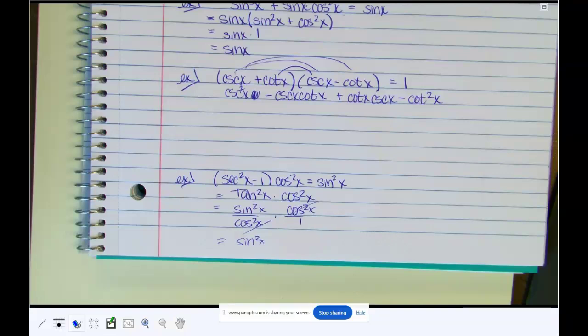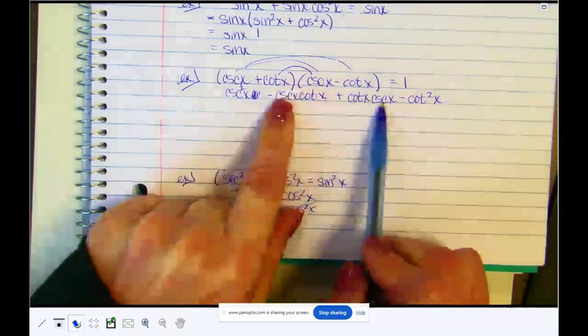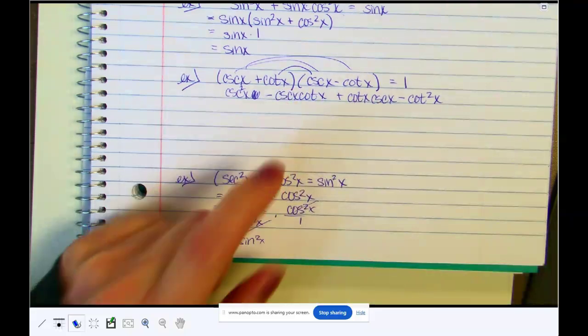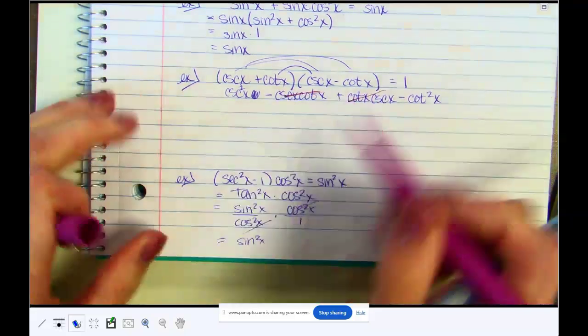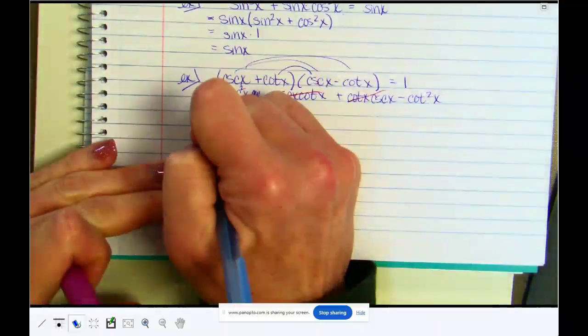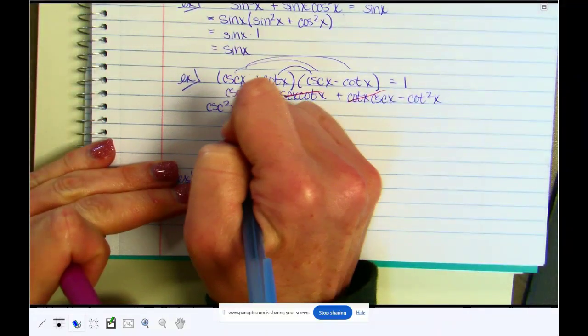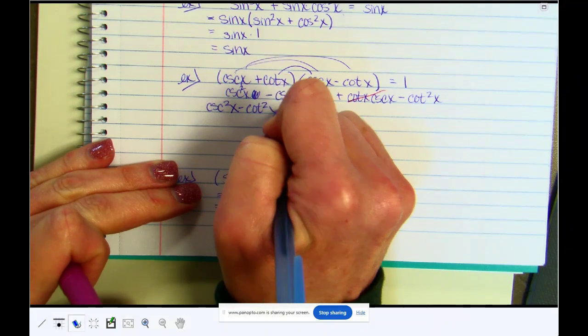What are you going to do there? Yeah, you can cancel the middle ones out. These are opposites, each has a cotangent and a cosecant, so you can eliminate those. So you've got cosecant squared minus cotangent squared.